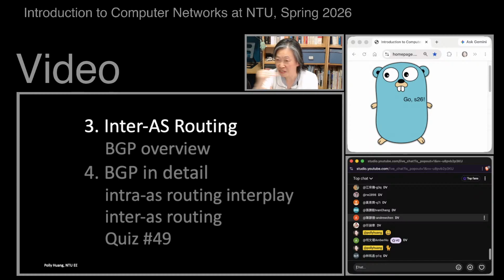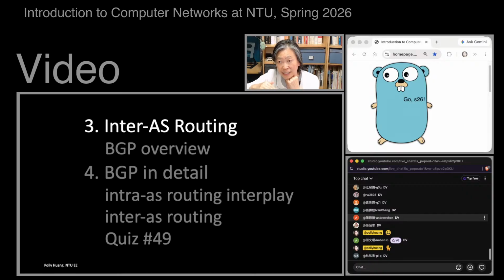So the third step, unlike the second step of distance vector, find the shortest path, we find the good path, and this good path could be chosen because of policy, not because of shorter or longer distance, because you just don't know which AS goes a longer or shorter distance in terms of delay.